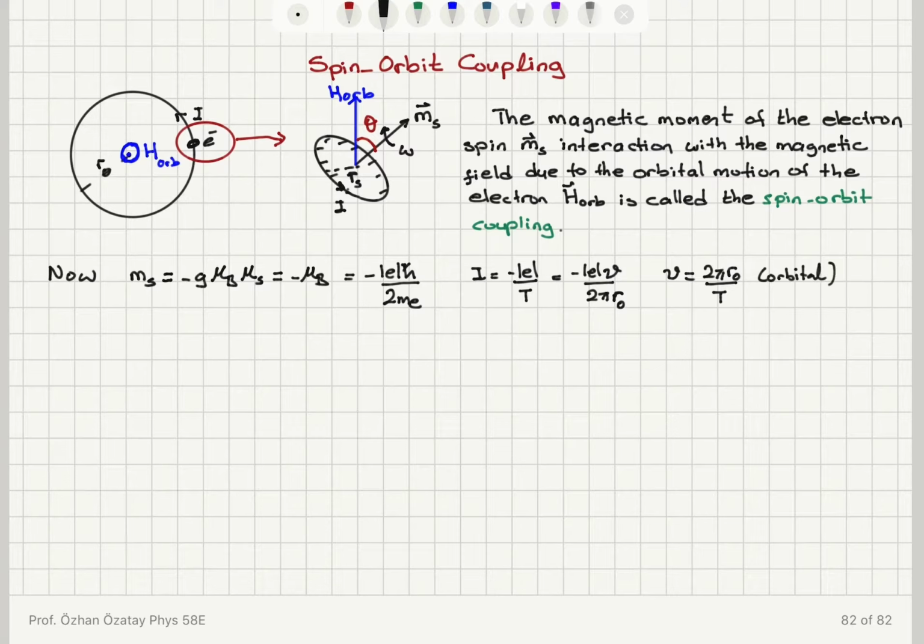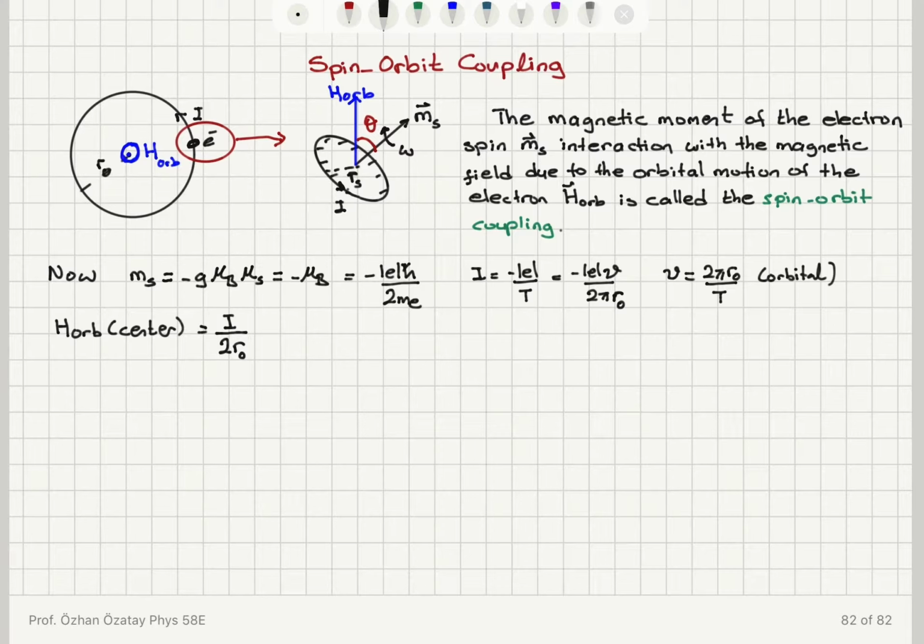Okay. Now, what is the magnetic field created at the center? Well, if you have a current loop which has a radius r_0, we know the magnetic field created by this current loop is I divided by 2 r_0 using SI units.